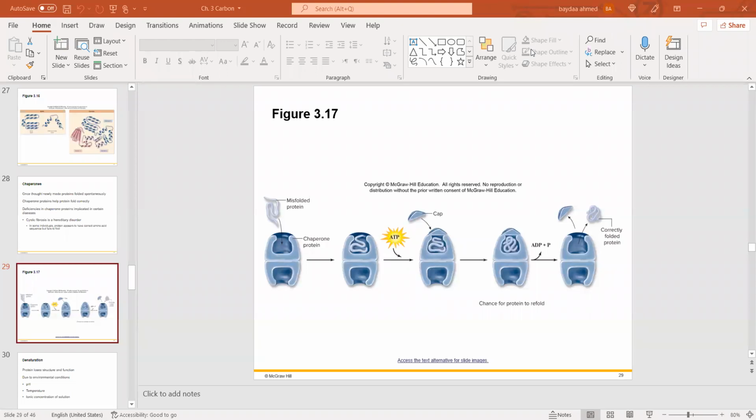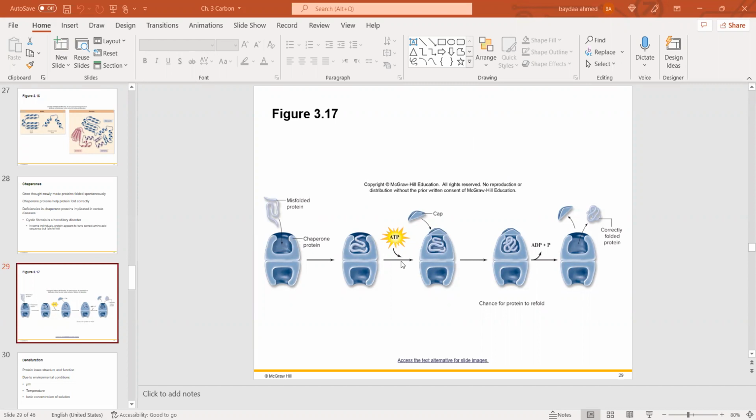The barrel-shaped structure represents a chaperone. An incorrectly folded protein enters one chamber of the barrel, and a cap seals the chamber.